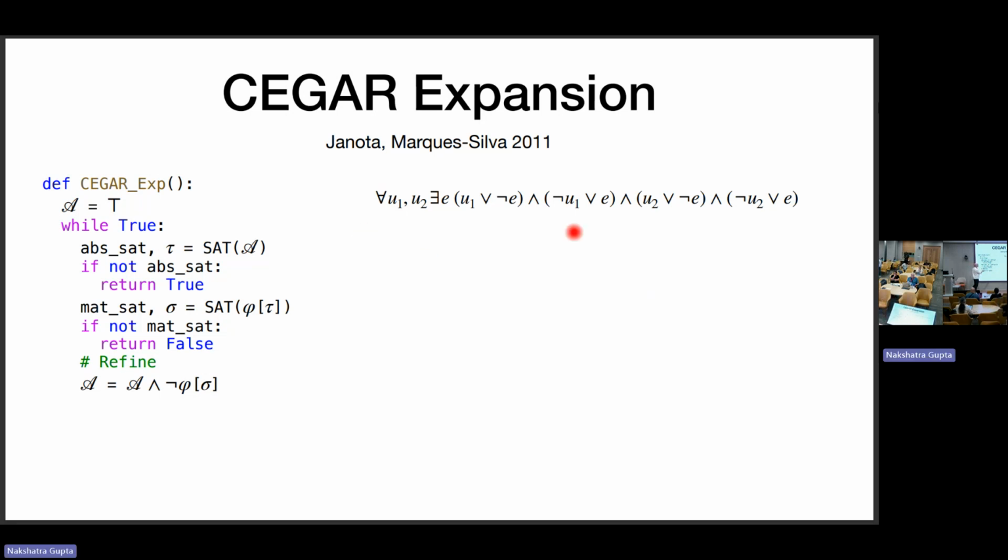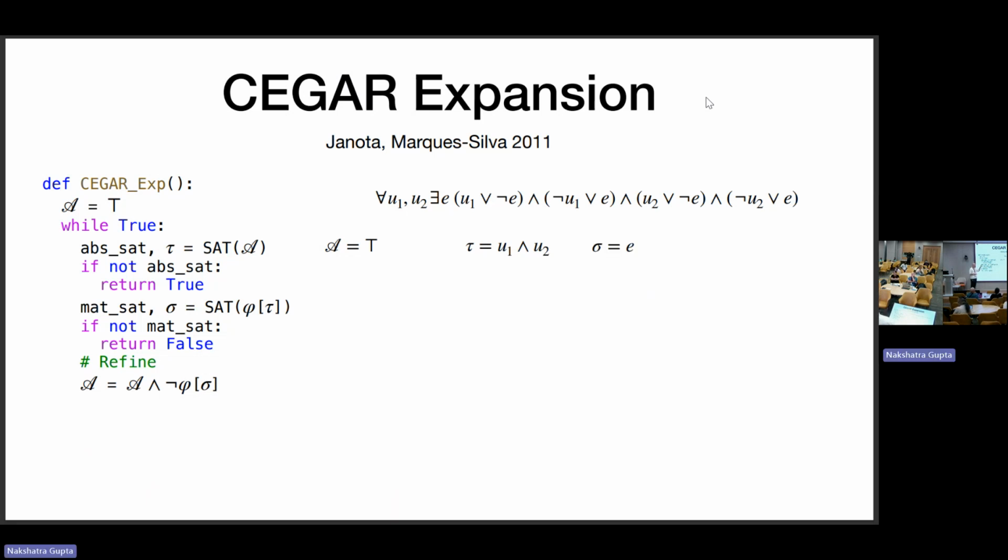So in this example here, initially our abstraction is trivially true, and we look for a satisfying assignment of this abstraction. So this can be any assignment of the universally quantified variables, for instance U1 and U2.